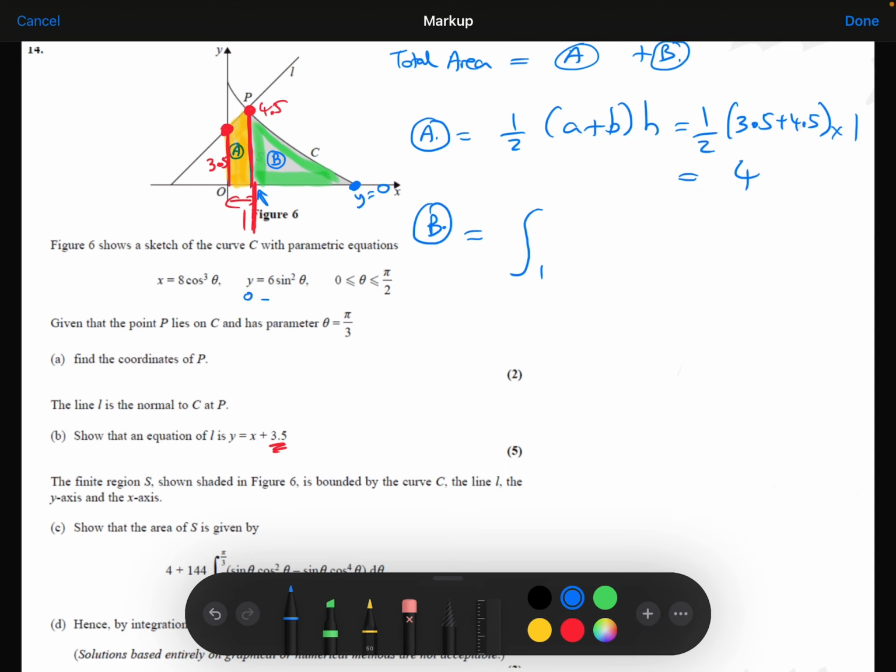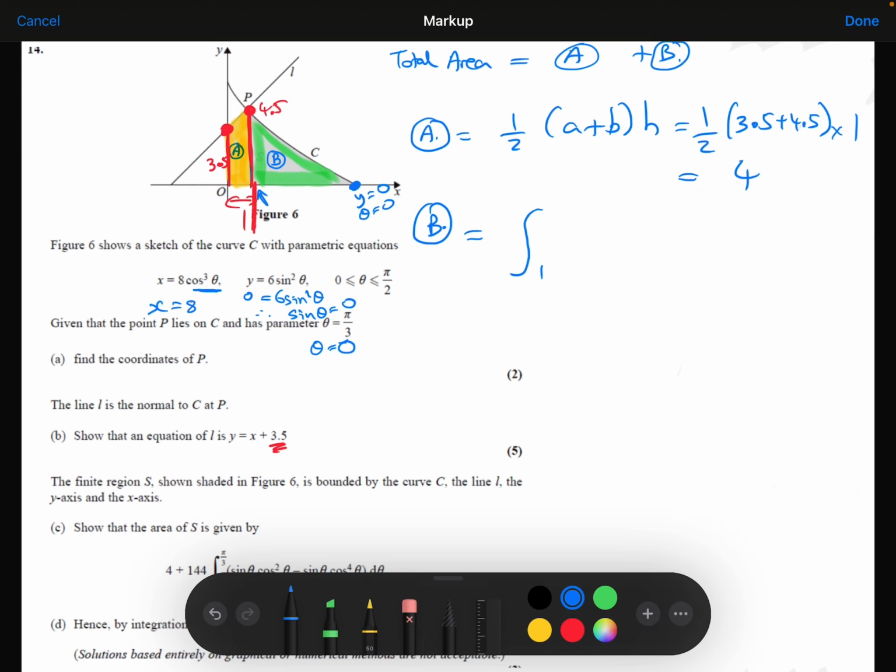So if we take our y equation, that means that 6 sine squared theta is going to equal 0. So therefore sine theta has to equal 0. So therefore theta is going to have to equal 0. If theta equals 0 at this point, then we know we can substitute that into our x-coordinate.